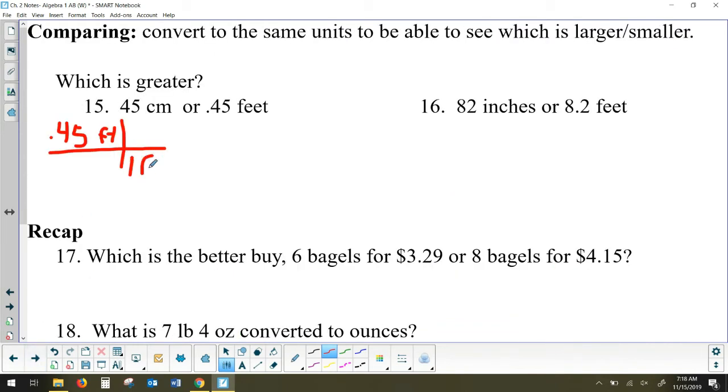I know how many inches are in a foot. 1 foot has 12 inches. And then we looked back and we saw that there's 1 inch in 2.54 centimeters. So we take 0.45 times 12 times 2.54 in your calculator.